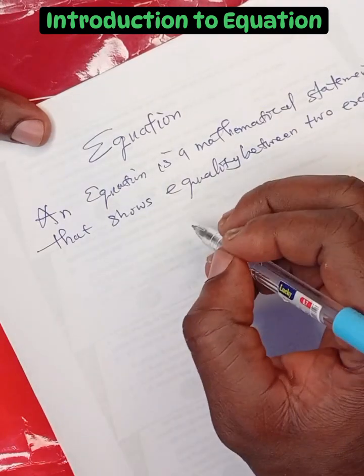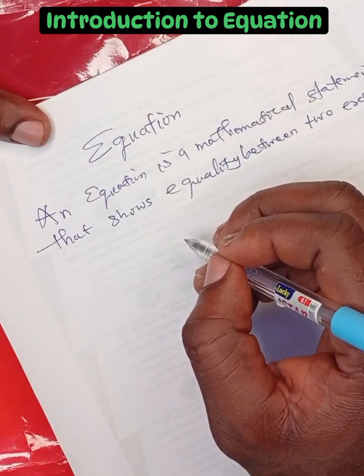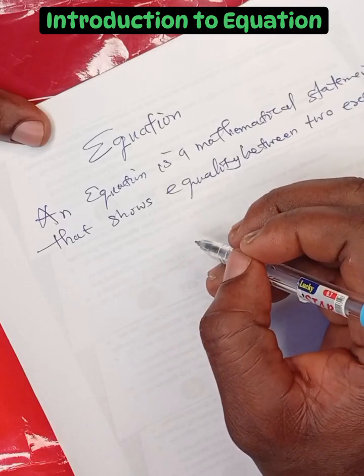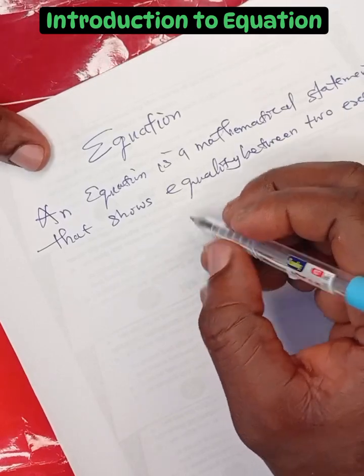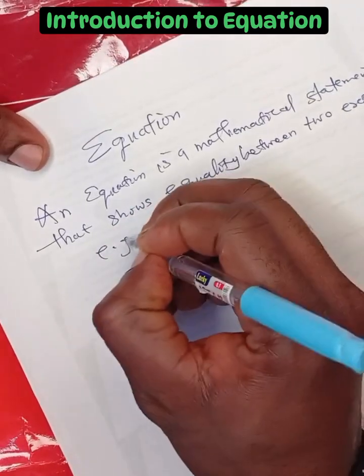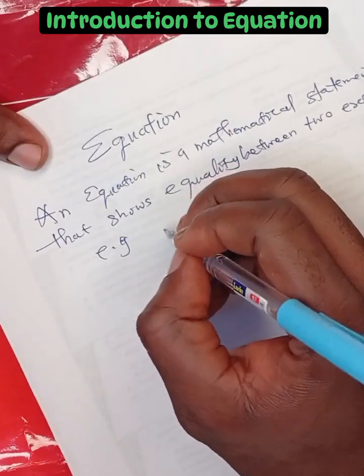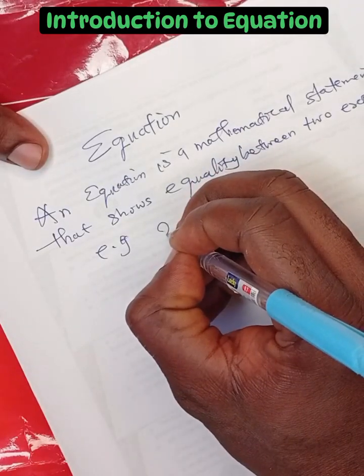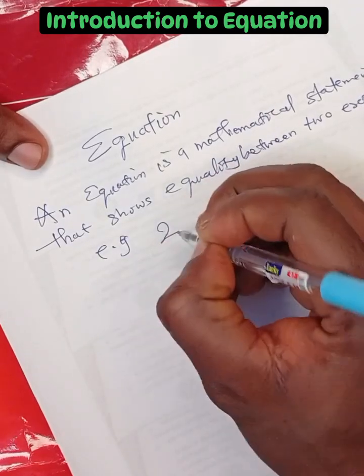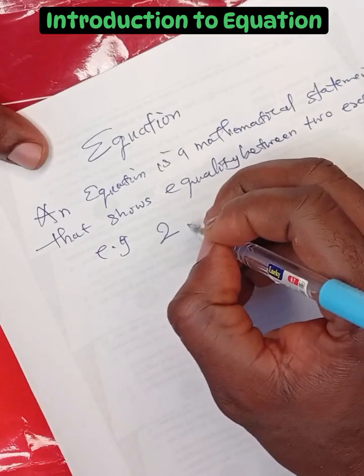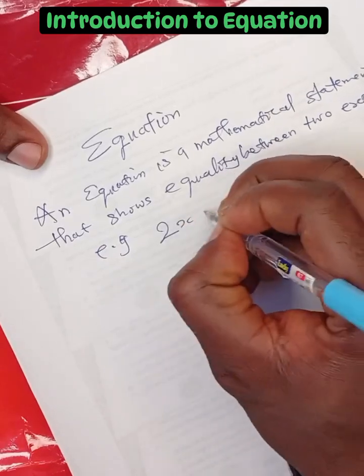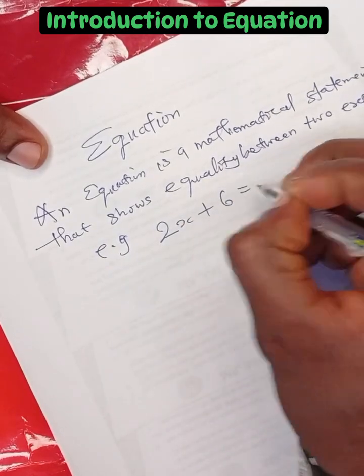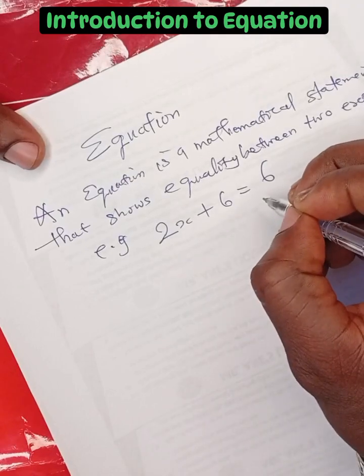When we mean that an equation is a mathematical statement that shows equality between two expressions, for example, let's say the first equation we solve, 2x plus 6 equals to 16.